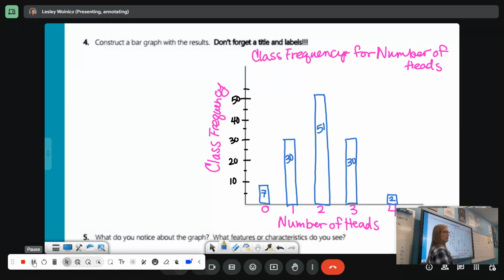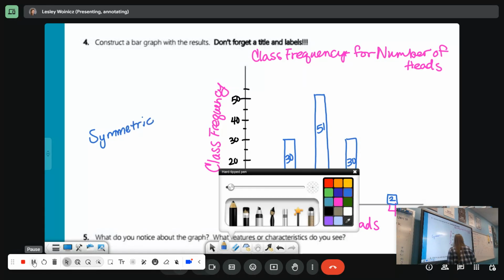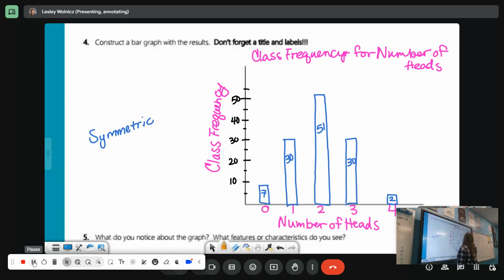How would you describe this distribution? What do you think about this?